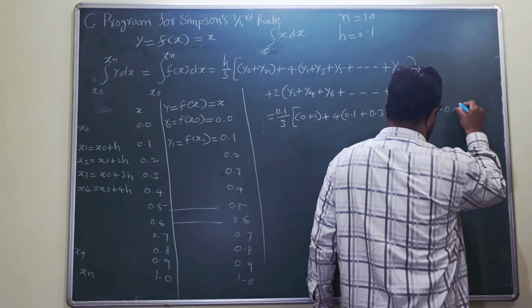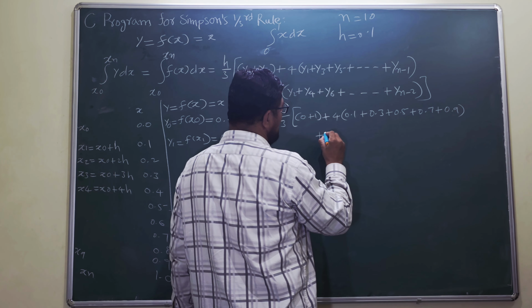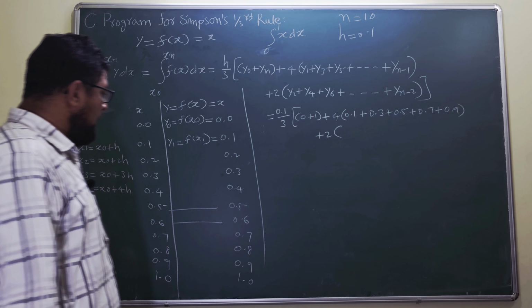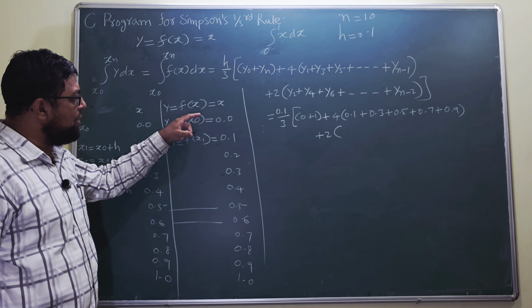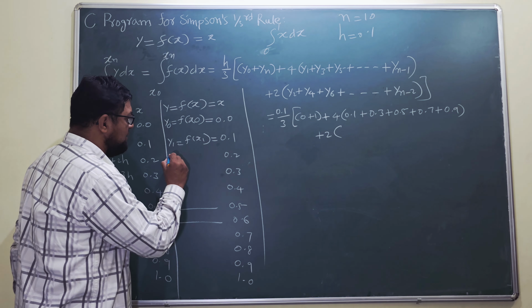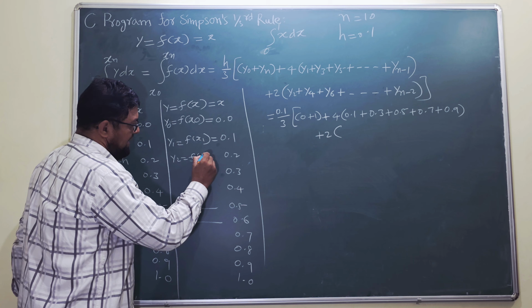Plus we have 2 times the even terms. From y2 we have to start, so this is y2, f of x2.